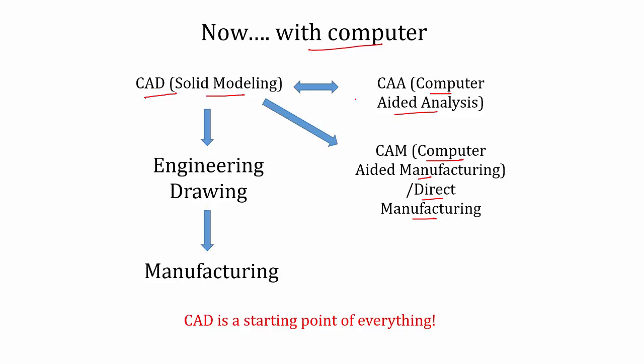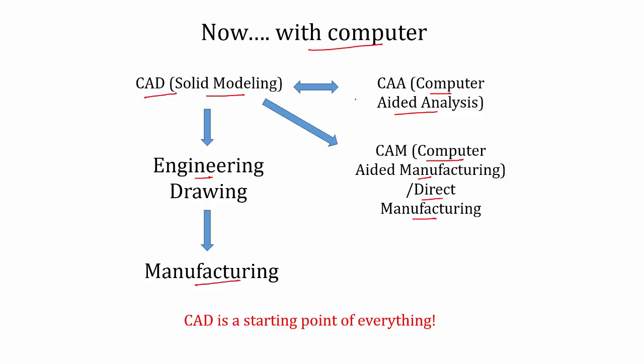In computer aided manufacturing we generate some codes, and in direct manufacturing we use forming methods like 3D printing to manufacture the product directly. Otherwise we can create an engineering drawing from the solid model using CAD software, and send the engineering drawing to the manufacturer for production. This is the process followed nowadays in industries.